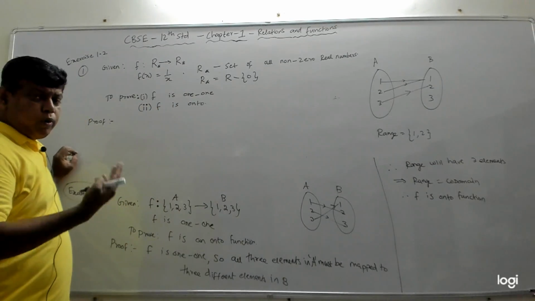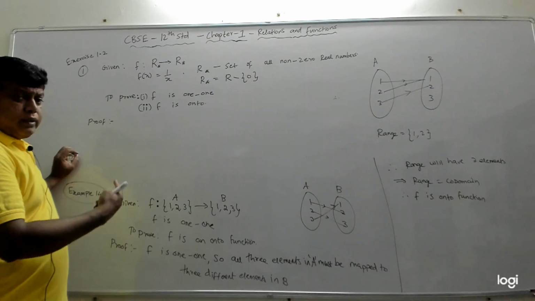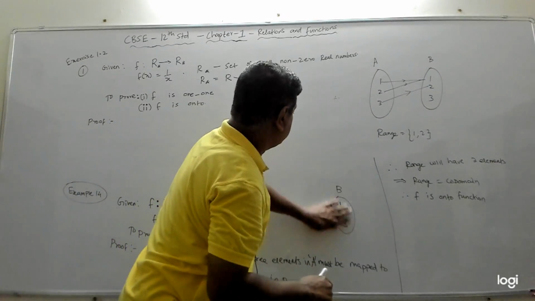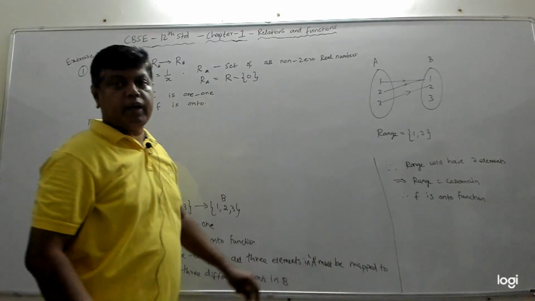Now how do we show f is 1 to 1? Whenever we have to show f is 1 to 1, we take 2 elements from the domain R star such that f of x1 equal to f of x2.